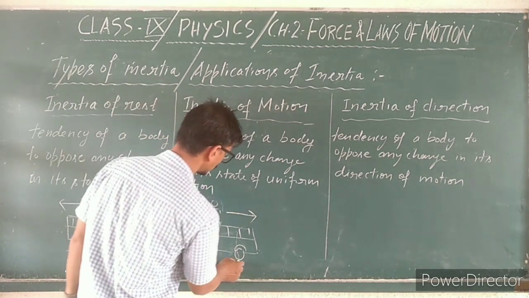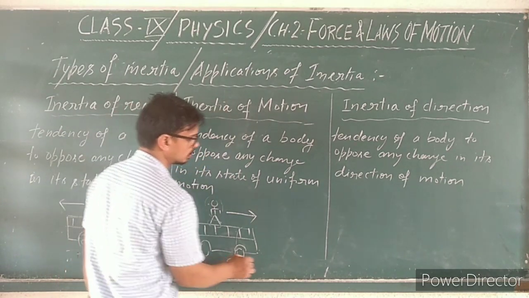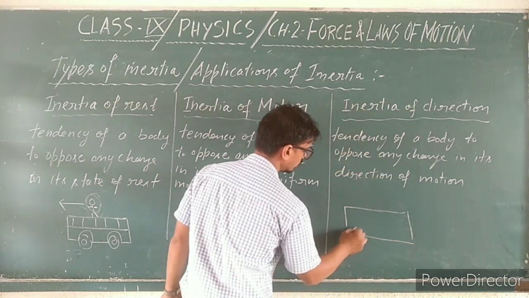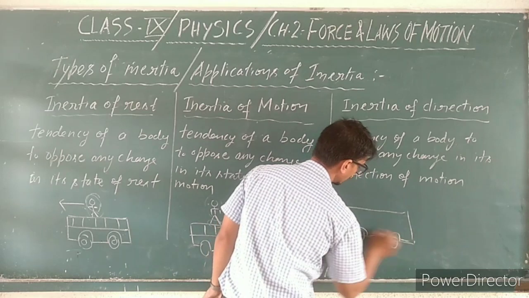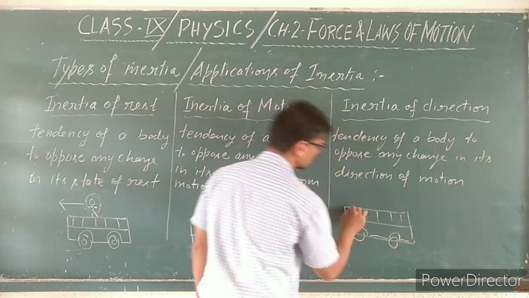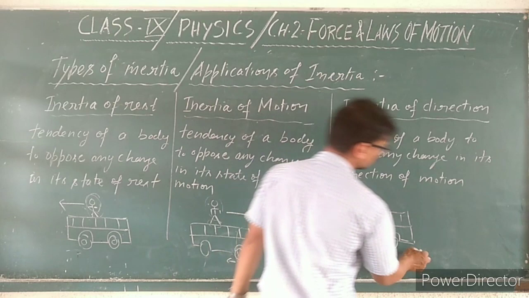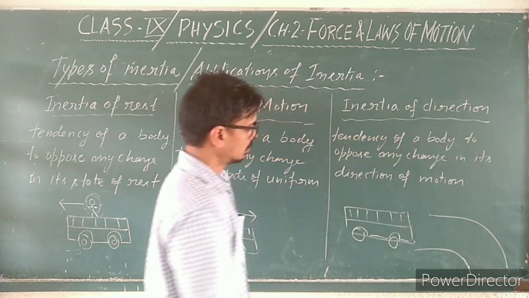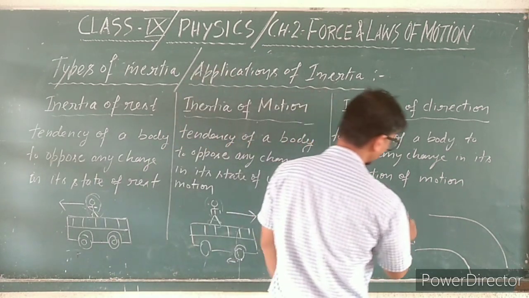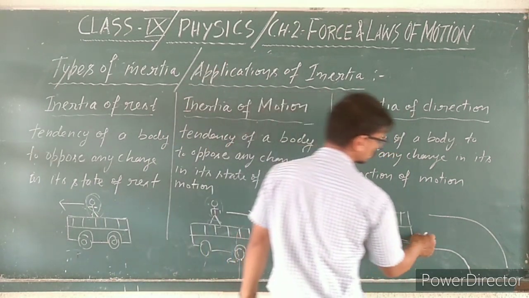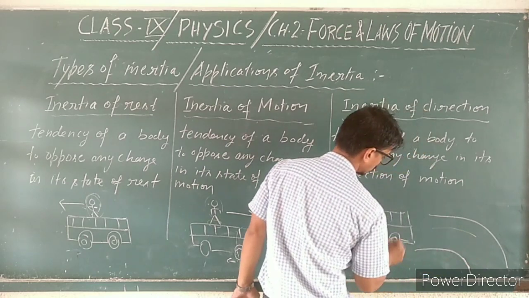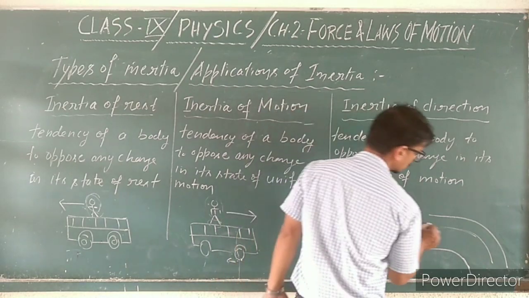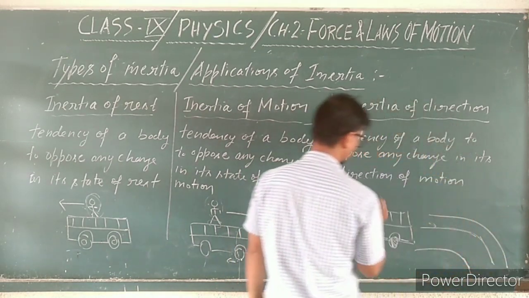Now in the third case, inertia of direction. This bus is moving with uniform motion in a straight line path and suddenly there is a bend on the road. So the bus has to take a turn. The driver turns the bus, and by the friction of the road, the tires of the bus take a turn and the bus changes its direction.